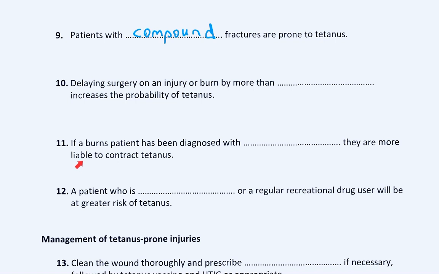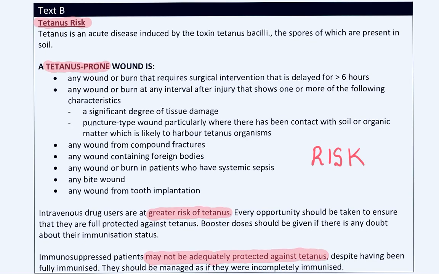We are going to the text that contains risk. So now we know the text very well. So we can clearly see over here that any wound or burn in patients who have systemic sepsis. So what's the condition here? Systemic sepsis. Okay, that's the diagnosis. All right.